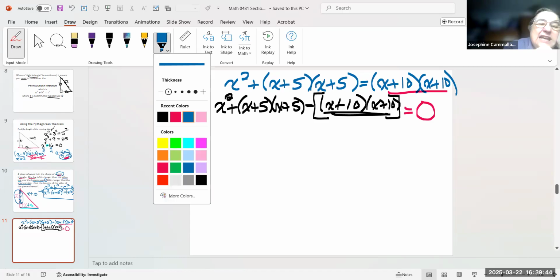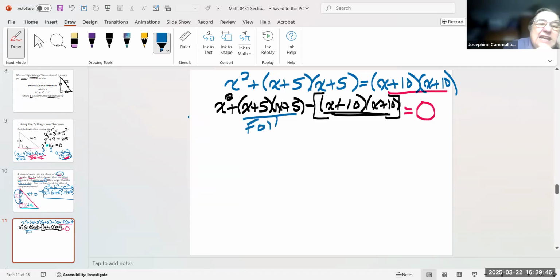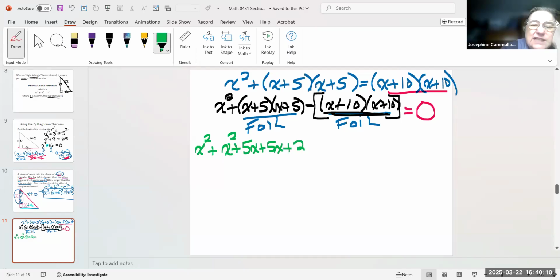This part, I've got a FOIL. This side, which is going to give me x squared plus 5x plus 5x plus 25.